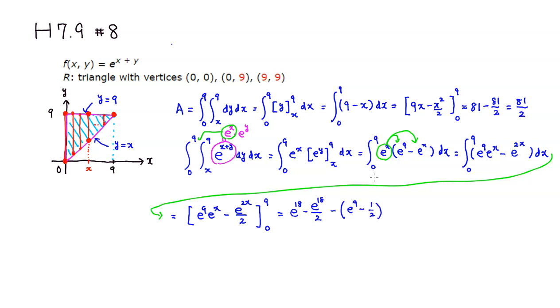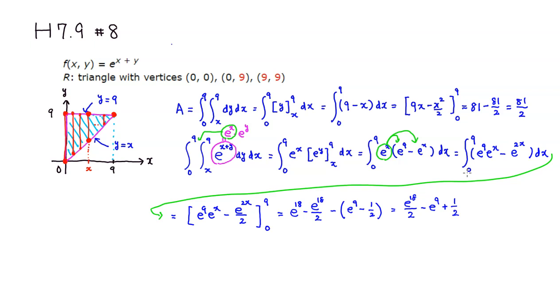If you combine those, you have e to the 18 over 2 minus e to the 9 plus 1/2.